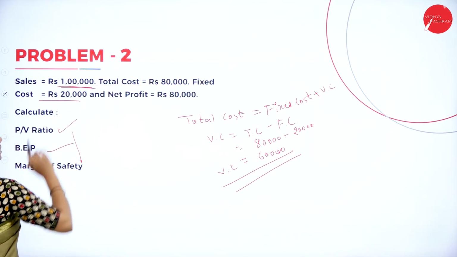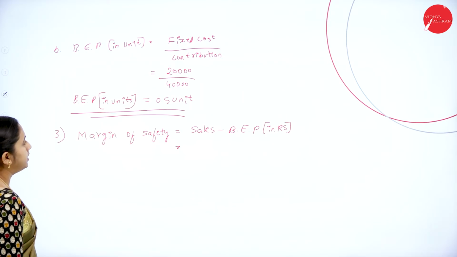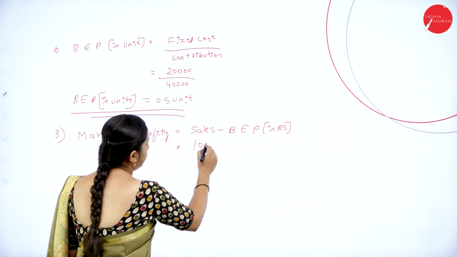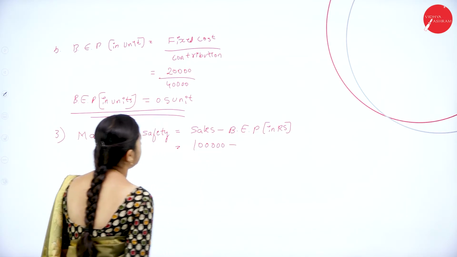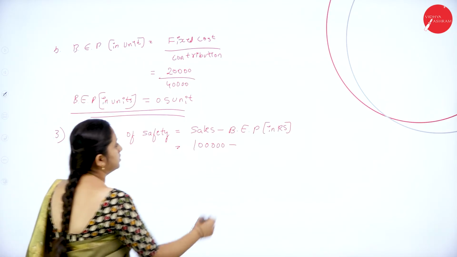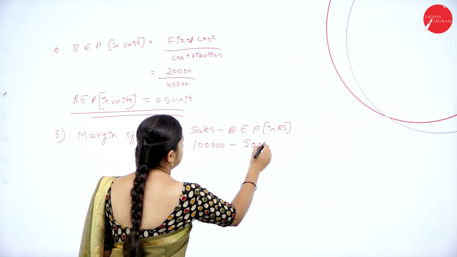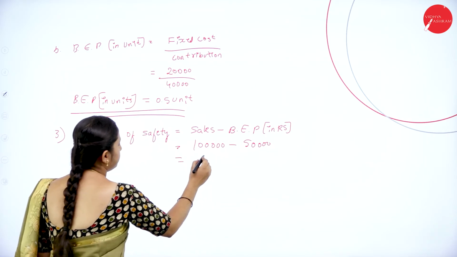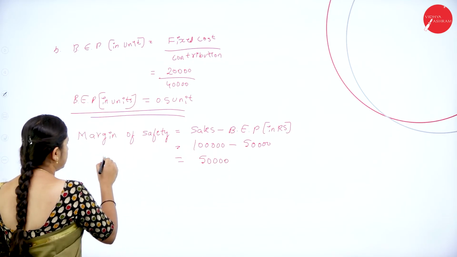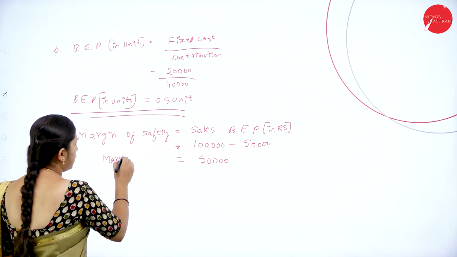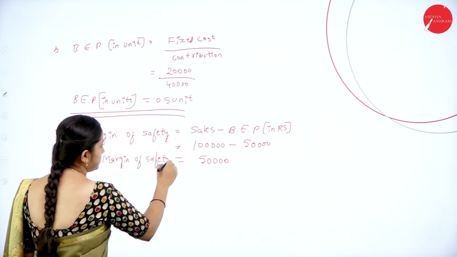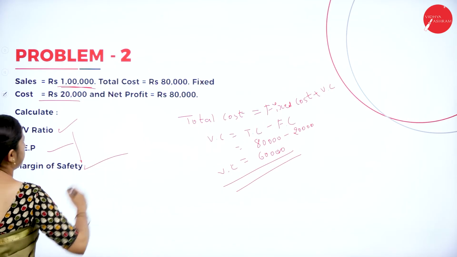Sales are given in rupees, so BEP is also considered in rupees. 1 lakh minus BEP in rupees, which is 50,000. Margin of safety is 1 lakh minus 50,000, that is 50,000. So margin of safety is 50,000. Margin of safety is over.